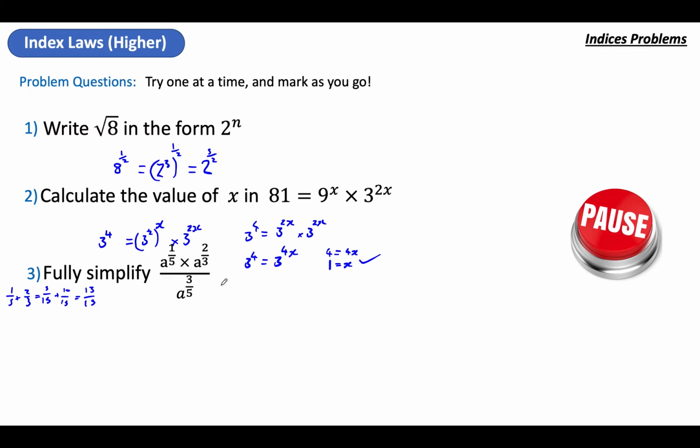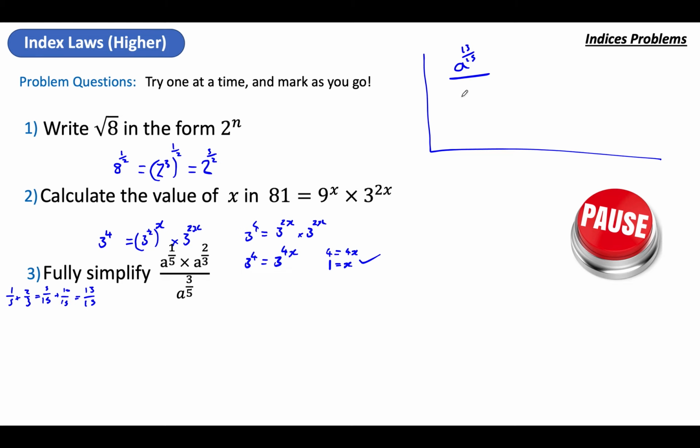Okay, so we can rewrite our equation here just to save any confusion. I would like to change my pen color, but it doesn't want me to change my pen color, so I can't. Okay, should we put the answer up here? Little box, give ourselves a bit of space. So a to the power of 1/5 times a to the power of 2/3. Add the two powers together. So a to the power of 13 over 15.